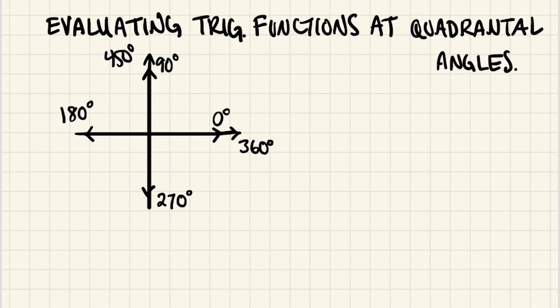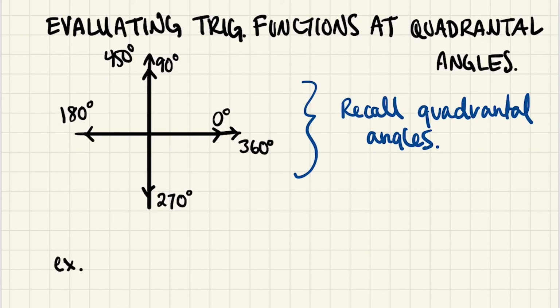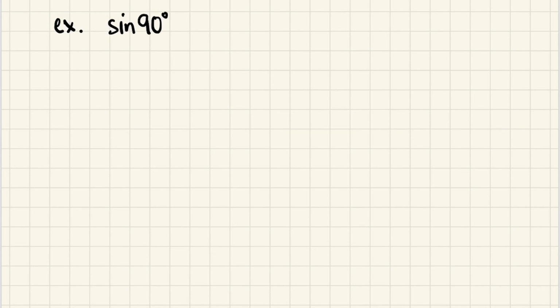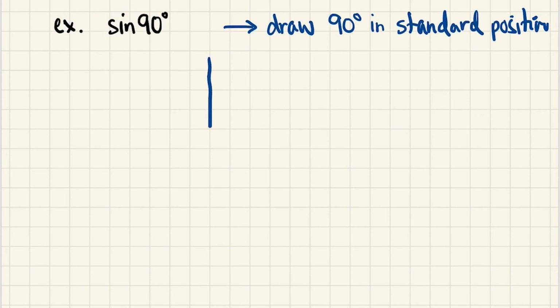Now, the reason we can evaluate those ones is because we can easily pick points on an axis and work out the trig function values from the x, y, and the r. So for example, if we wanted the sine of, say, 90 degrees, well, what we do is we draw 90 degrees in standard position. Okay, so we know that's right here. Then select any point you want that's on the terminal side.